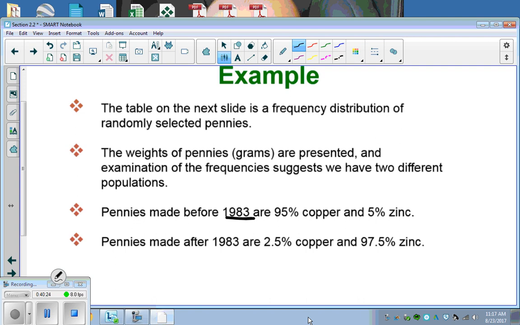And pennies made after 1983 are, wow, 2.5% copper and 97.5% zinc. What a difference, yes? It's because of the cost of copper and the value of copper. So if you have a lot of those, you know they're worth a lot more, correct? They have a lot of the old wheat ones. Remember the wheat pennies, or am I just old? They were wheat pennies.